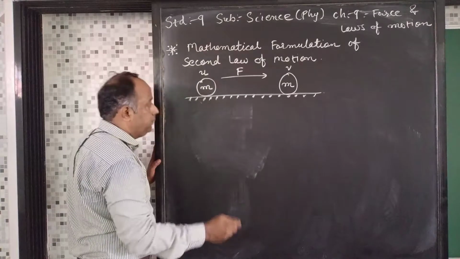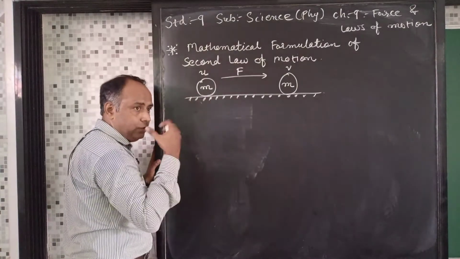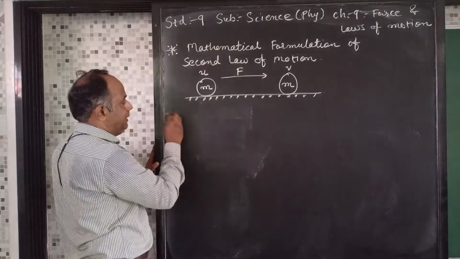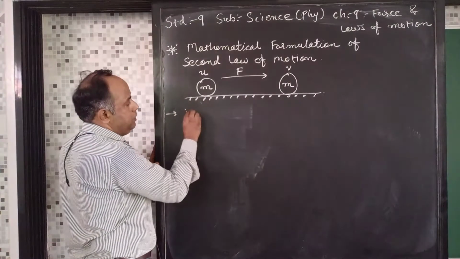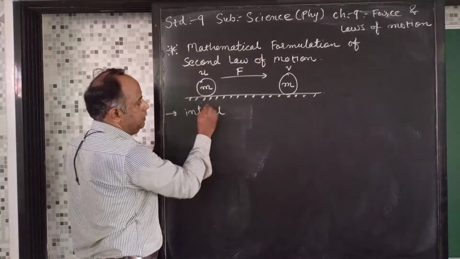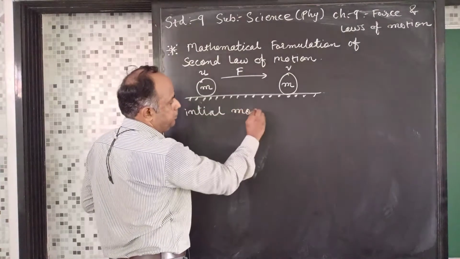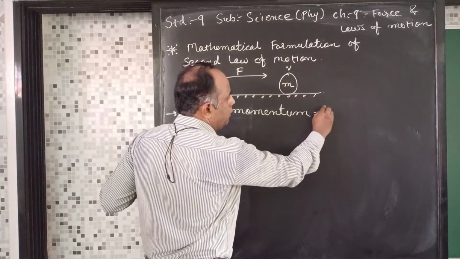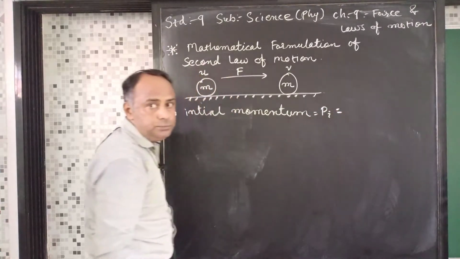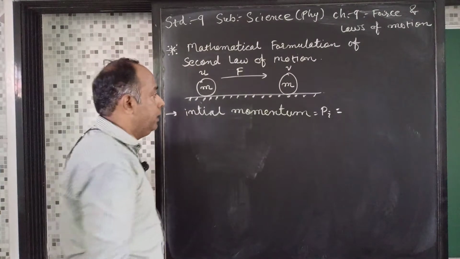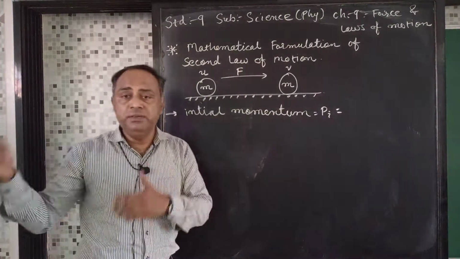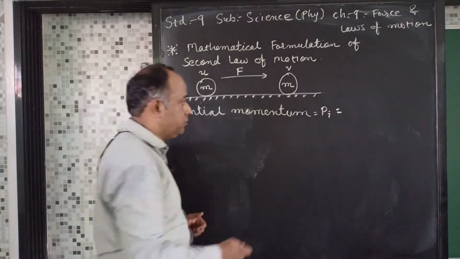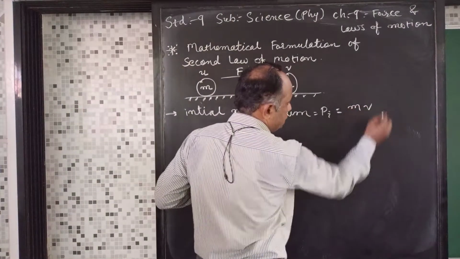See it well. From this verbal discussion, we can write some notations. First, what will be its initial momentum? Initial momentum we will call Pi. In the previous video we studied that momentum is the product of mass and velocity.